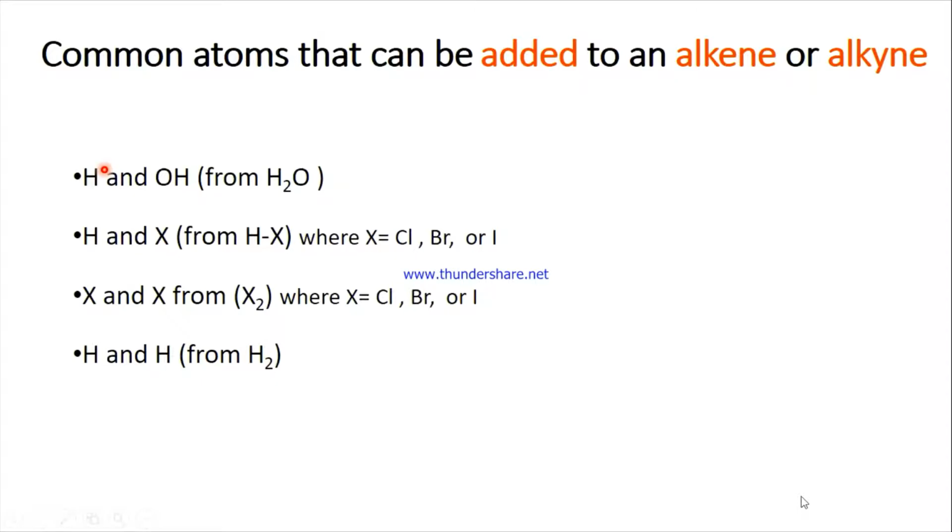As you can see here, we have our H2O, where we have our hydrogen and there is our oxygen. This oxygen is highly electronegative and can pull away electrons from our hydrogen, as we shall see in the reaction mechanism of both our HX, our X2, and our H2.